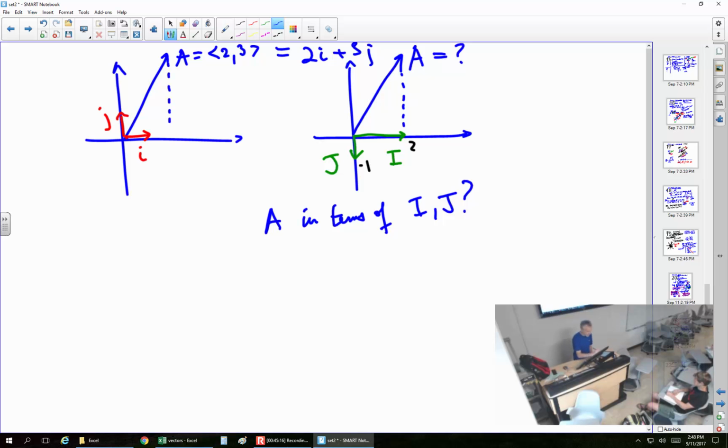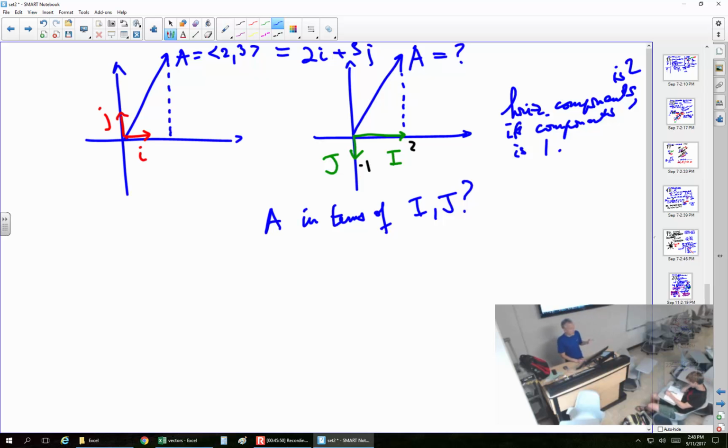So if the current horizontal component was 2, it remains 2. Its component with respect to I is 1. So how many I do I need? I need only 1 I horizontally.